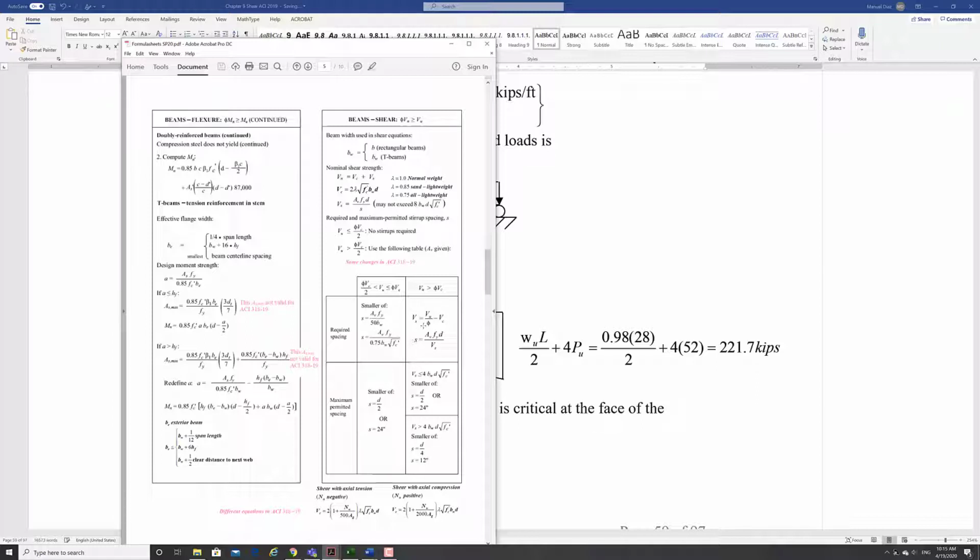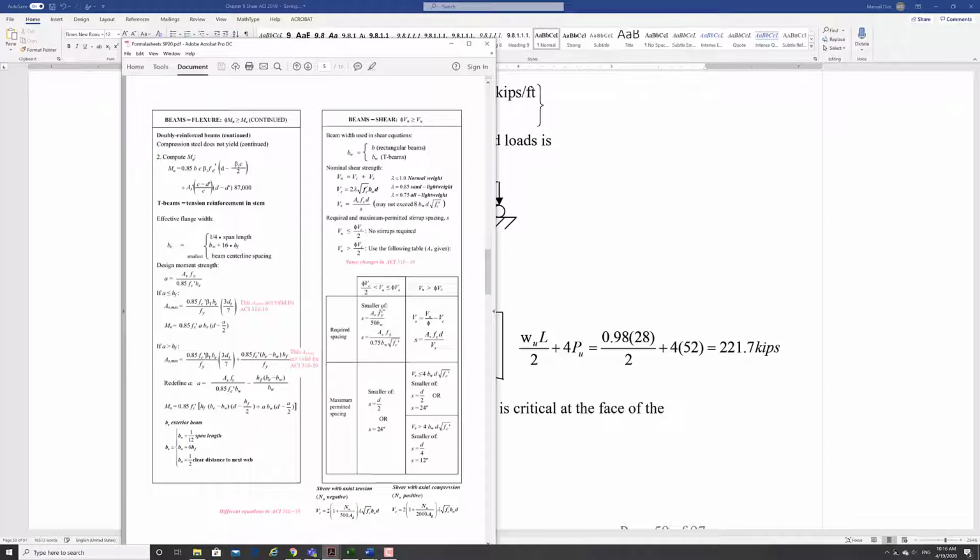But we haven't checked this one. You always have to check this one. When your VU exceeds phi sub c, you have to check this one, because this is the spacing that you need based on your VU. These are the maximum, but this is what is required. That's why it makes it confusing here, because they say required spacing, but this required spacing refers to this one, which is required based on your VU.